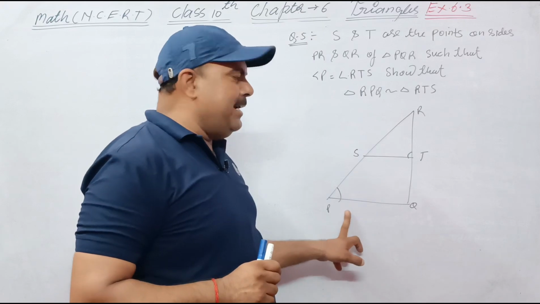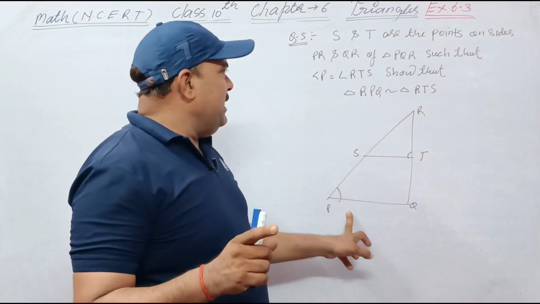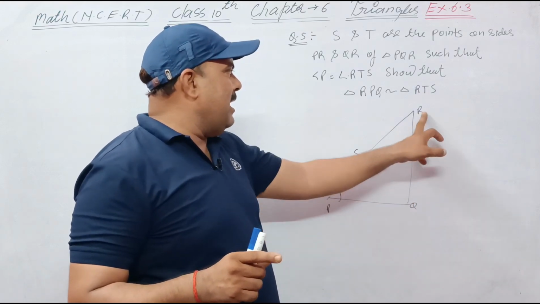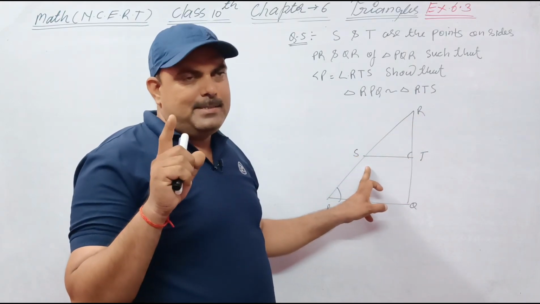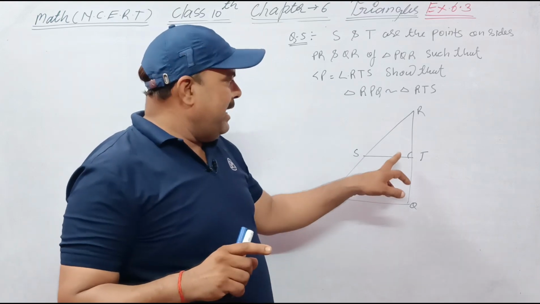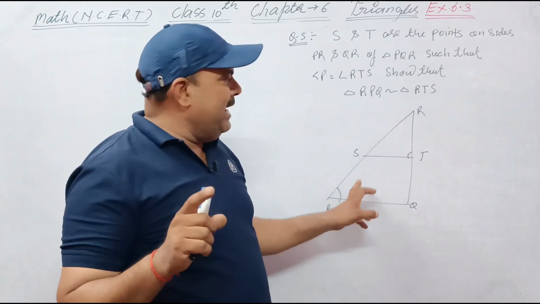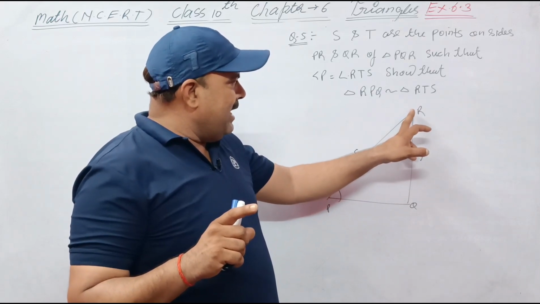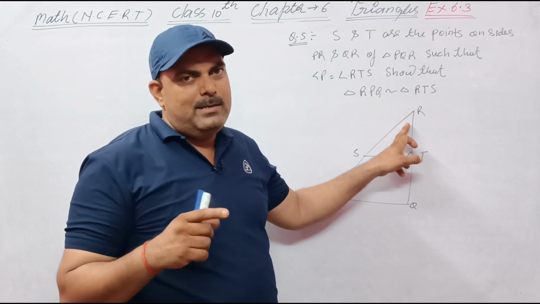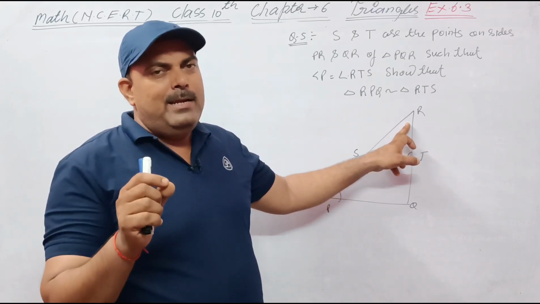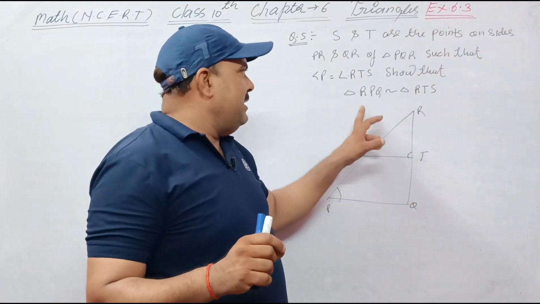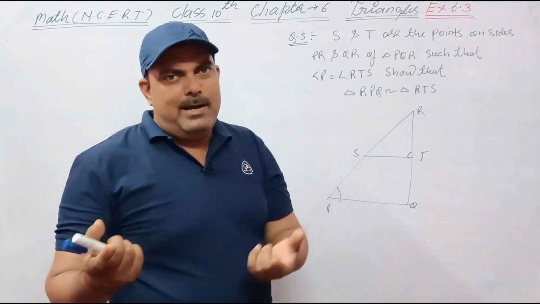Angle T is equal to angle P. So we have to prove that triangle RPQ is similar to triangle RTS, in which angle T is equal to angle P, and angle R in triangle RTS and triangle RPQ is a common angle. By double A criterion rule, we can say that triangle RPQ is similar to triangle RTS.